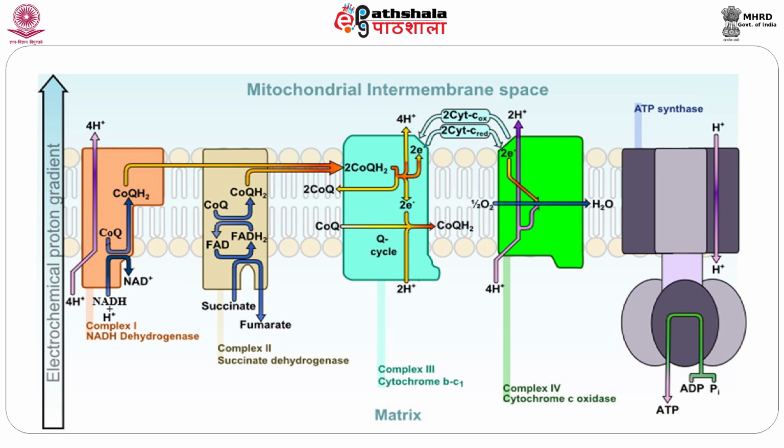The final step of this complex is the transfer of 2 electrons one at a time to coenzyme Q. Coenzyme Q, like FMN and FAD, can function as a 2 electron acceptor or donor and also as a 1 electron acceptor or donor.